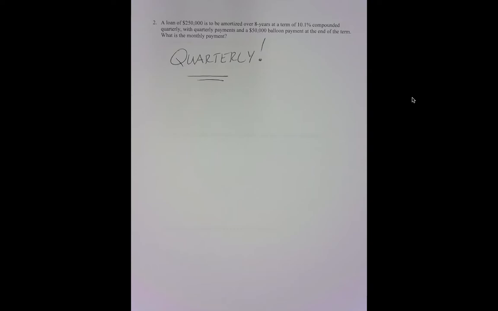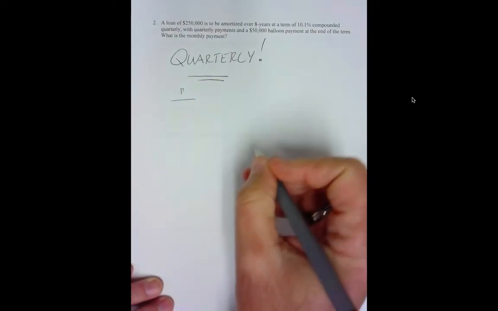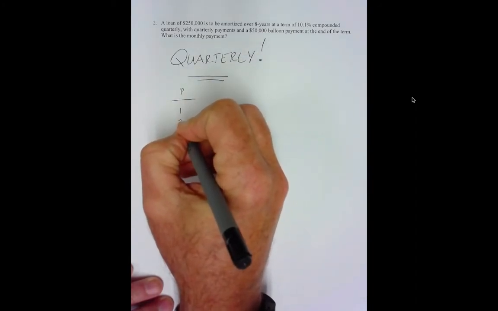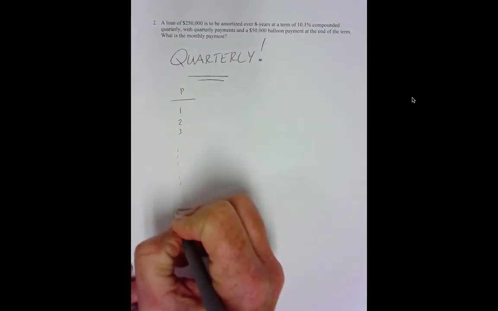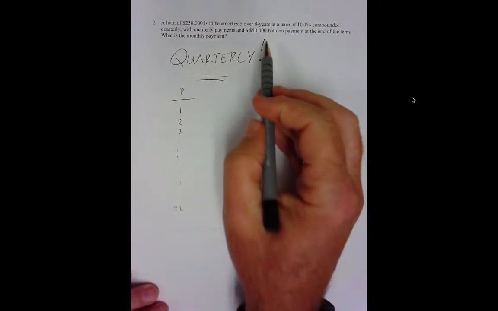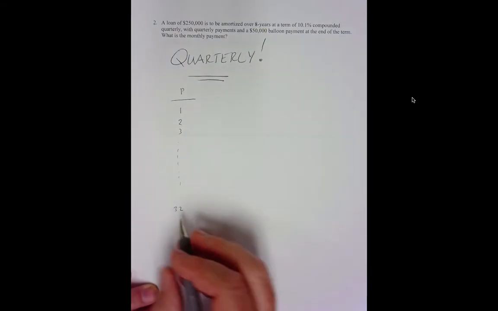So what do we need to do here? So what we have is these periods over 8 years, quarterly. 8 times 4 is 32. So we're going to have 32 payments because, again, we're paying quarterly payments 4 times a year for 8 years, so we're going to have 32 payments.